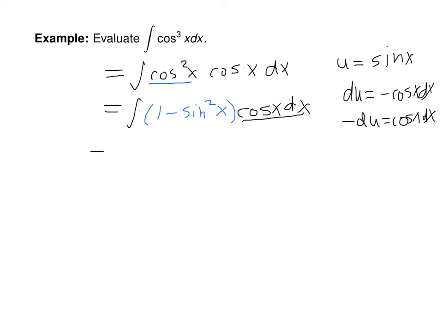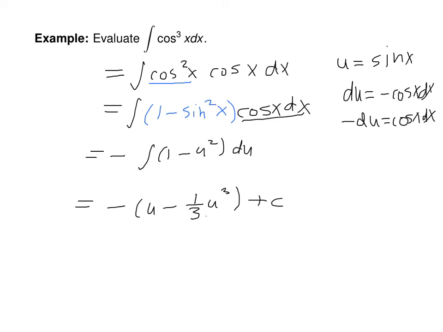And this becomes the integral of 1 minus u squared du, or u minus 1/3 u cubed plus c, or we insert u, sine of x minus 1/3 sine cubed x plus c.